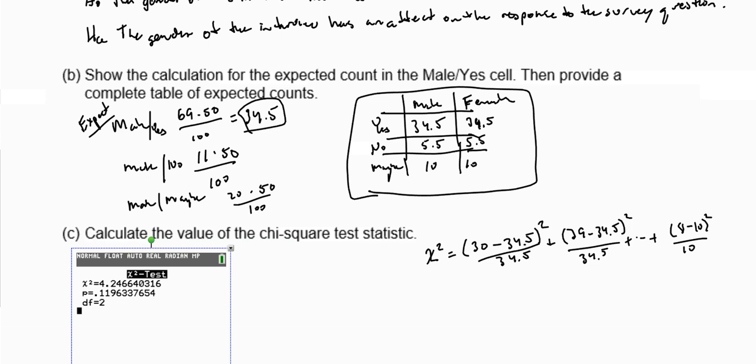So what it has right here, it gives us our chi-square value, it gives us our p-value, and also our degrees of freedom, which if you recall, we take our total number of rows, so 2 minus 1, rows minus 1, and then we multiply that by our columns minus 1. And so this would be 3 minus 1, which would equal 2. So that's how we figure out our degrees of freedom if you weren't sure.